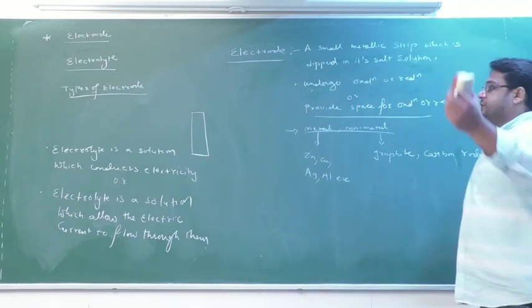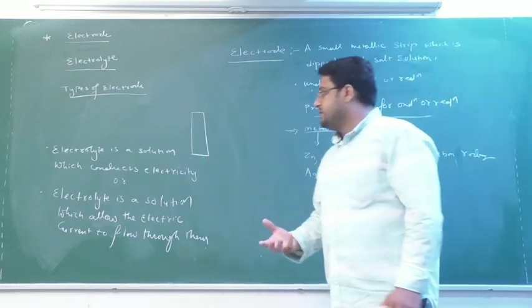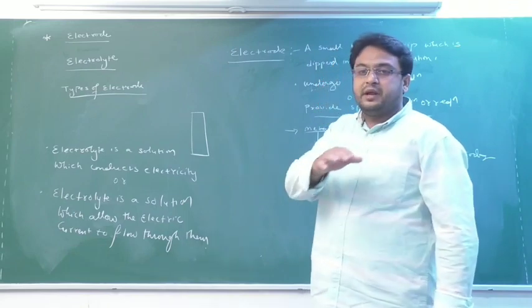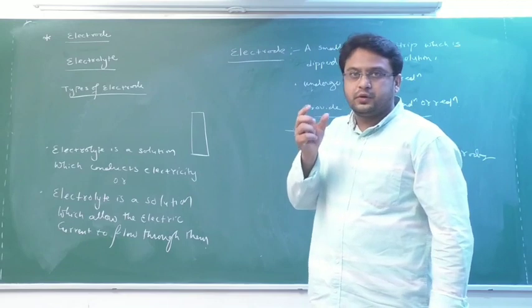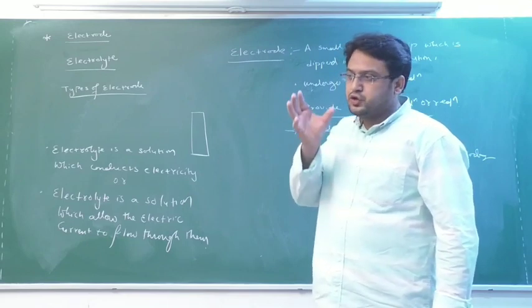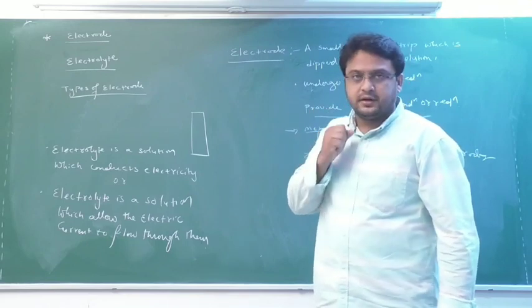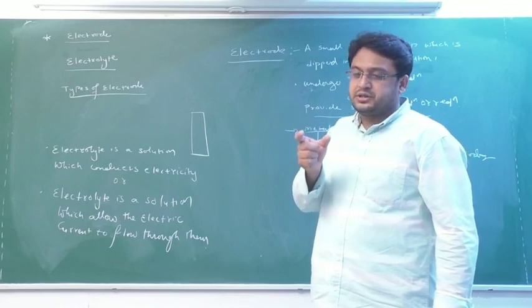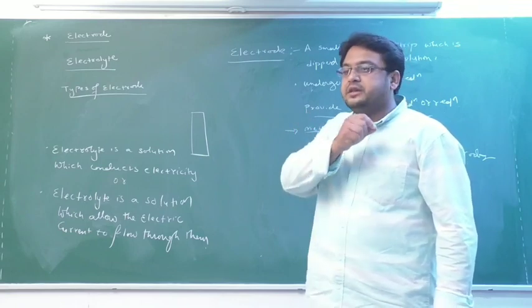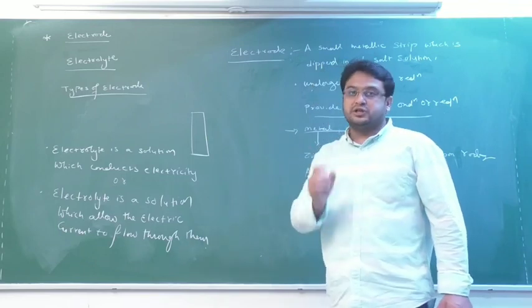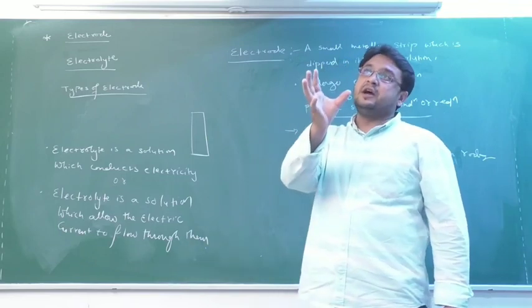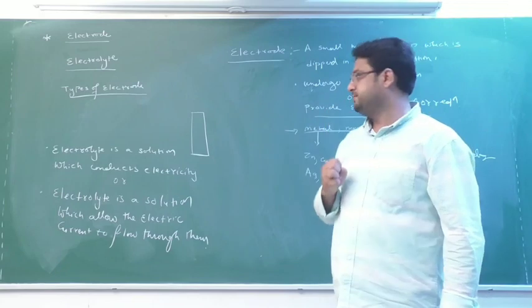Simple. For example, in any solid state, you can say aluminium, copper, zinc, or graphite. In such a solid state substance, there is a passage of electrons. They will allow the electrons to flow through them. So such a solid substance we call a conductor.